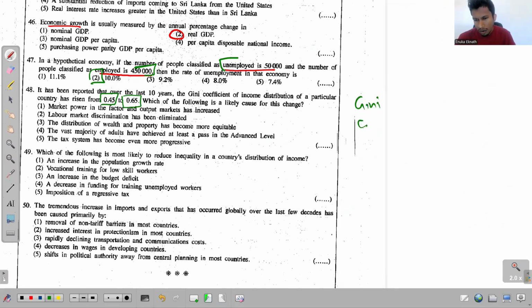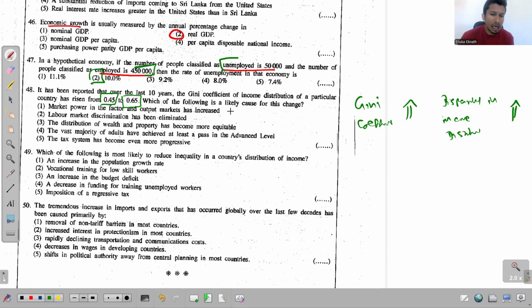Let me write, Gini coefficient has increased. This means the disparity in income distribution has increased. So that's the meaning, right?